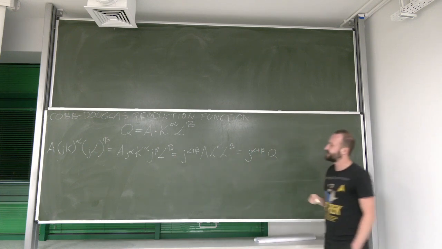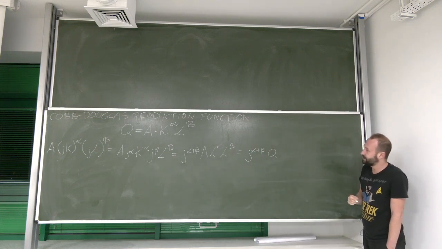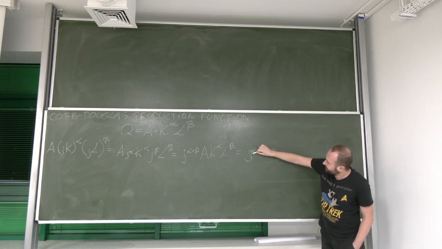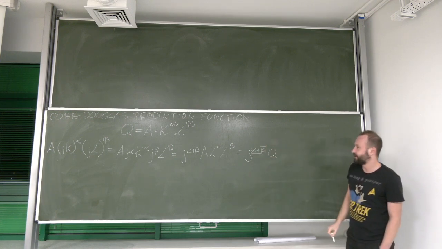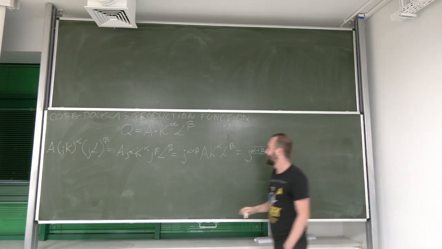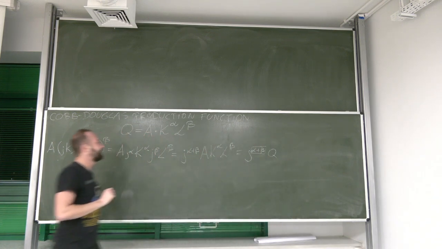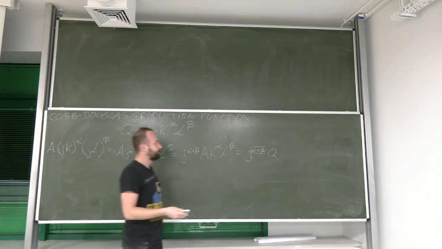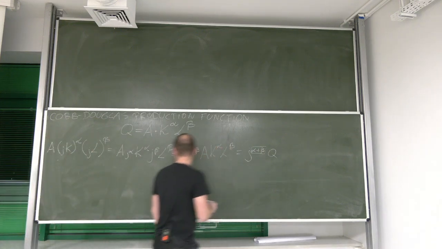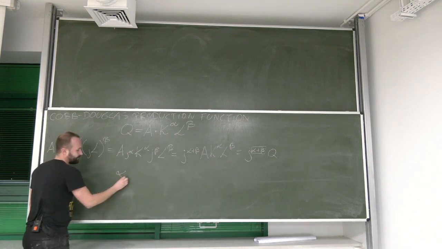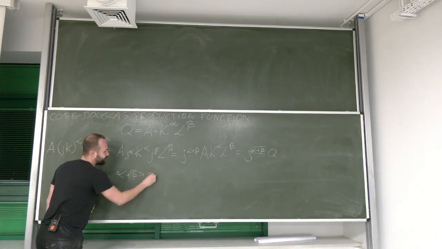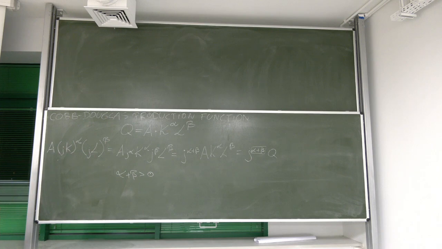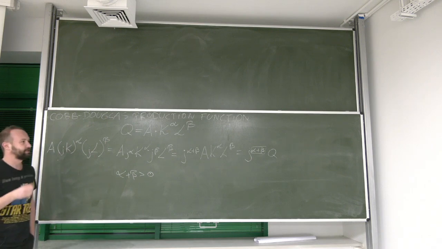So we clearly see that this function is homogeneous, and we see the degree of homogeneity can be read from alpha plus beta. And look, it is really easy to see that if alpha plus beta is bigger than 1, we will have increasing returns to scale.